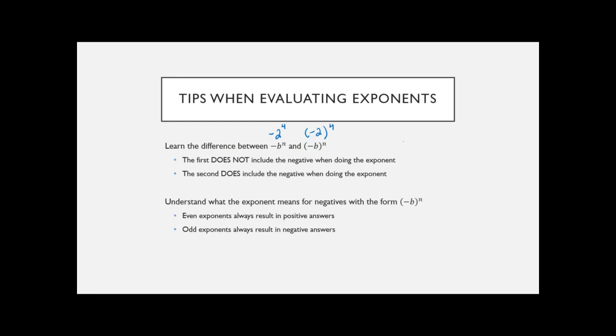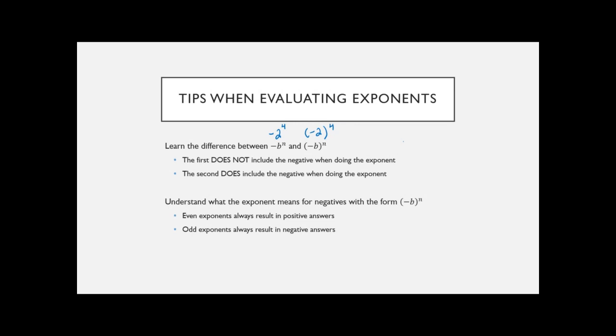The first one, if there's no parentheses, means you're doing 2 to the 4th and then you do the negative. So that negative is not part of your exponent. However, if it's in parentheses like it is on the right, then it is part of your exponent. Because now it's in parentheses, so now you have the whole number negative 2 to the 4th power. So it's really important to understand the difference between those two.